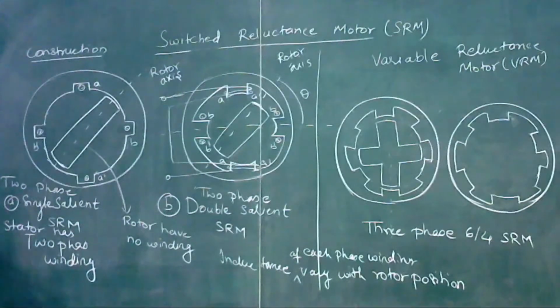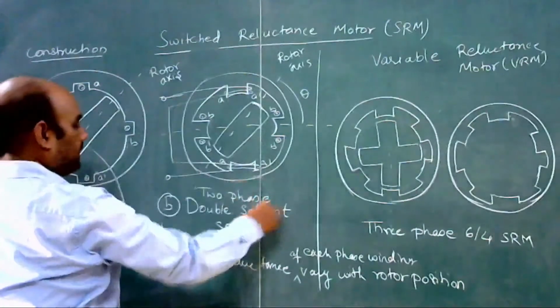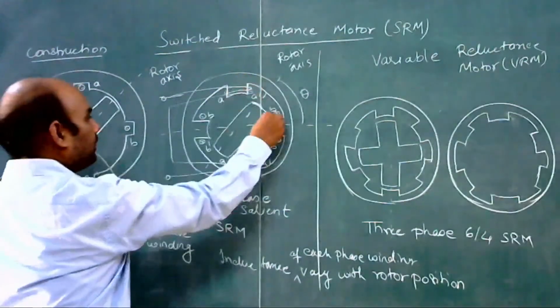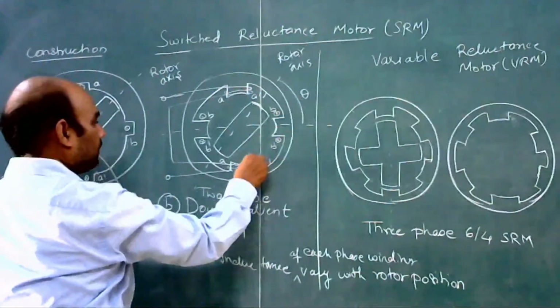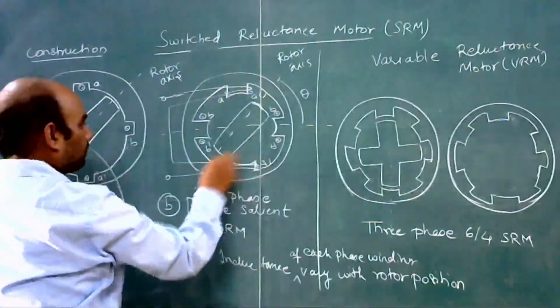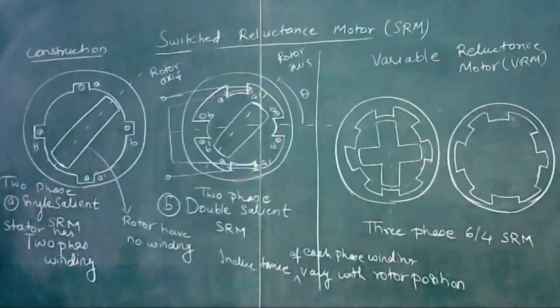This doubly salient motor has 4 salient poles, and the stator windings are concentrated like this. Now, for the same frame size, the doubly salient motor produces more torque.